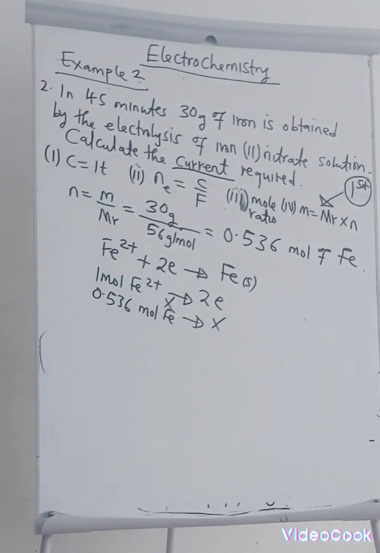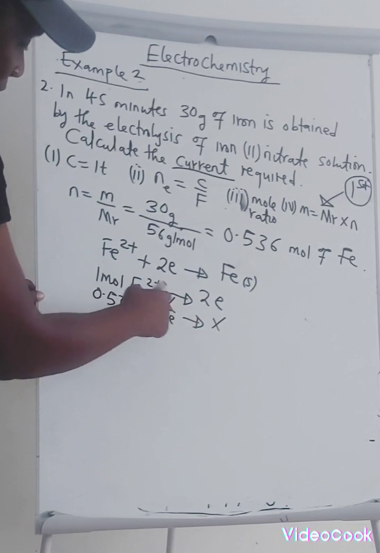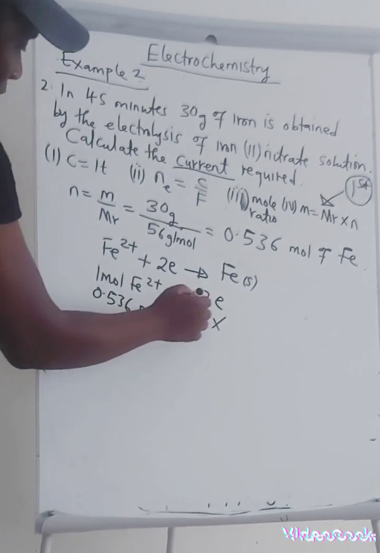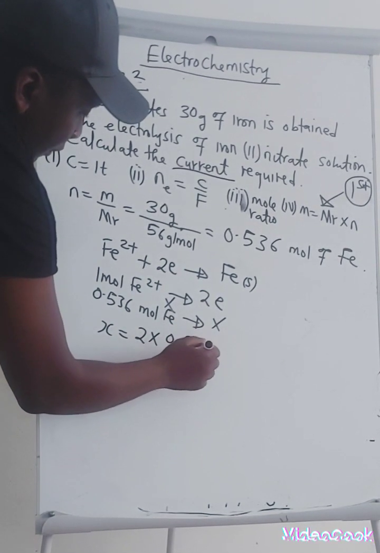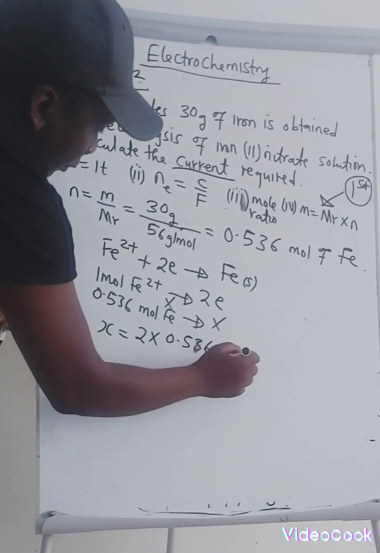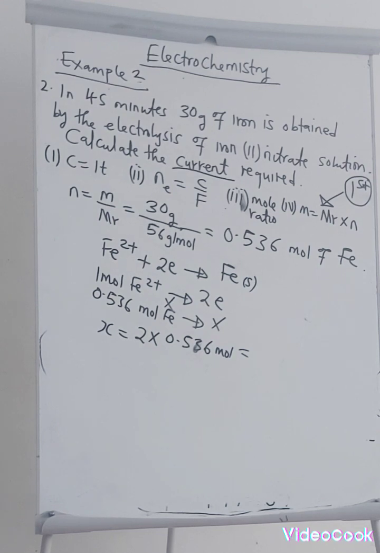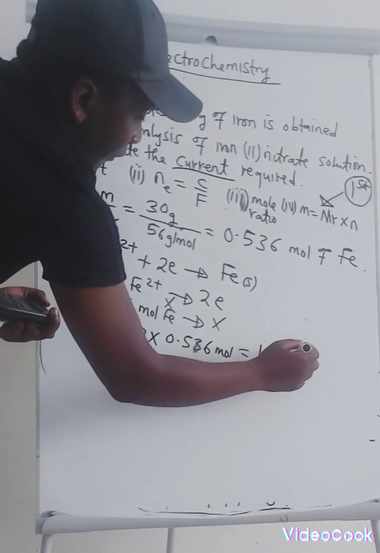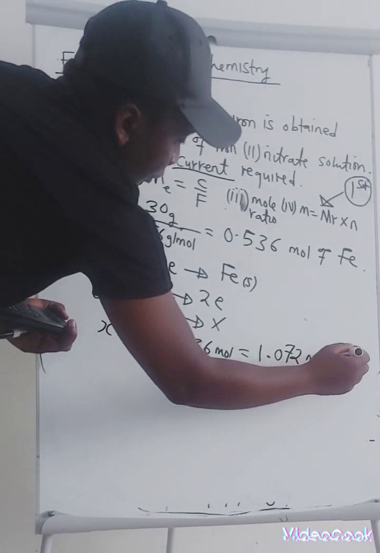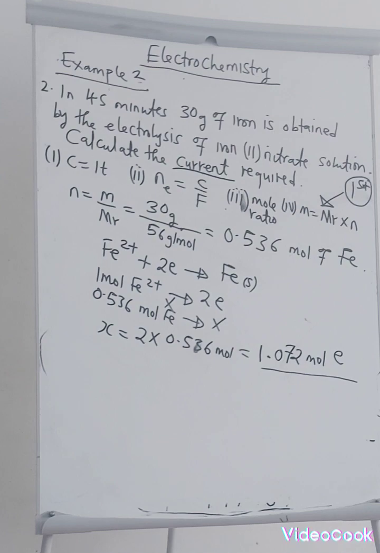X. Cross multiply: X is equal to 2 times 0.5336, and we get 1.072 moles of electrons.